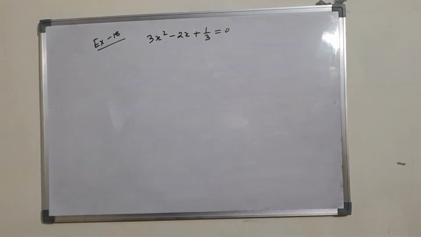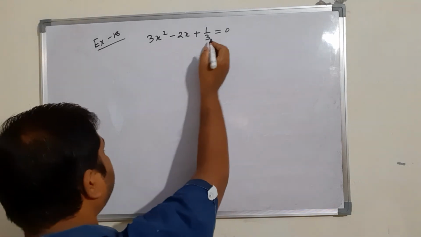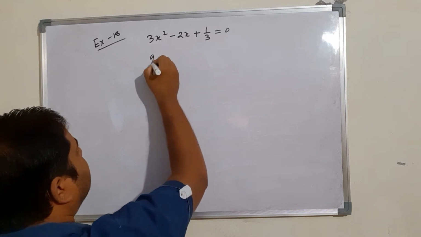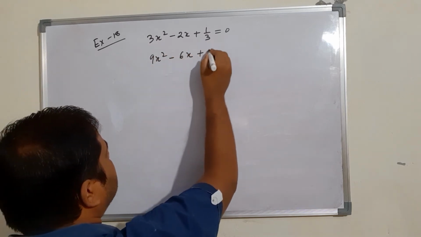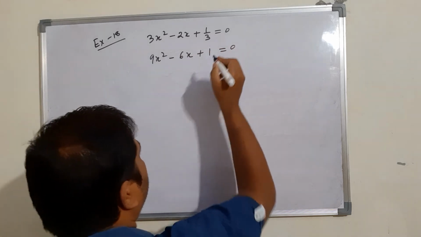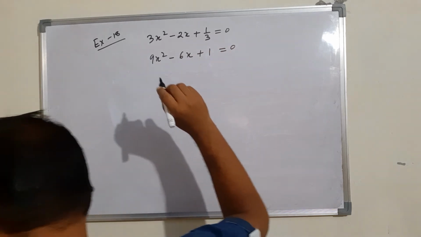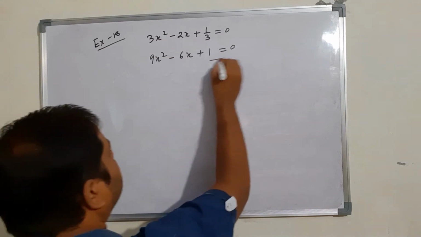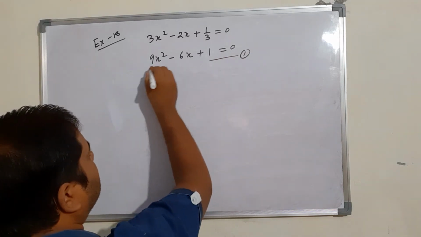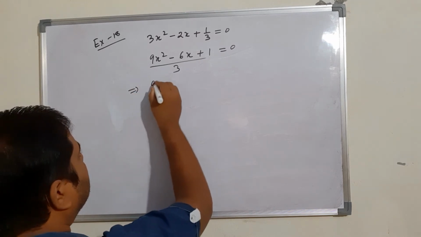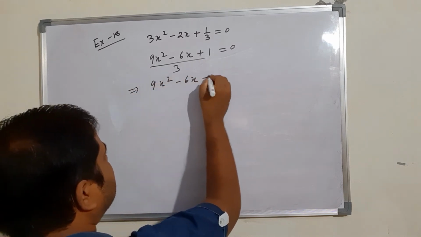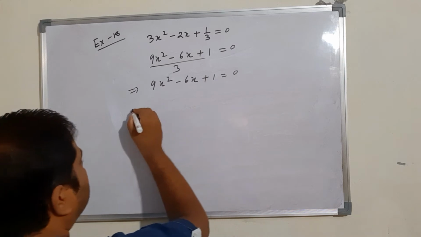So 3 3s are 9x square minus 3 2s are 6x plus 1 is equal to 0. Divided by 3, then 9x square minus 6x plus 1 is equal to 0.